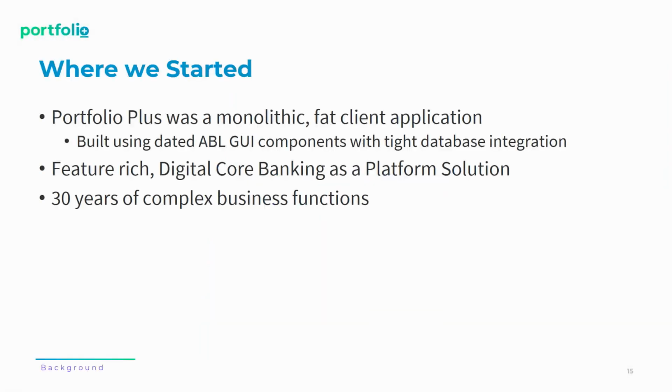So for some background, where we started: we have a legacy application called Portfolio Plus, and it's a feature-rich core banking solution. We've been building this since 1988, so that's 30 years of functionality we've put into this product. But it's a monolithic application, it's a thick client, and it's tightly bound, right?